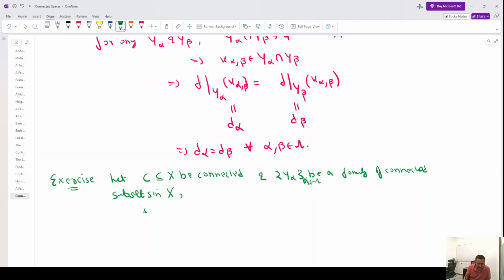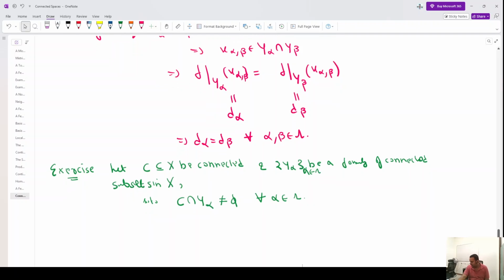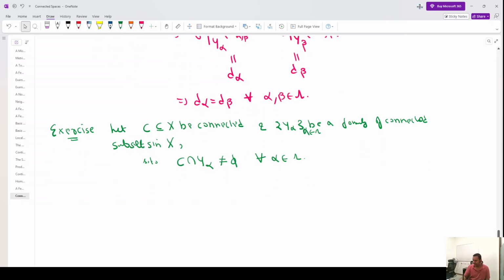The condition is such that C intersection Y_alpha is non-empty for every alpha. Now can you tell me what will happen? What you can show is that the union of Y_alpha with C is connected.